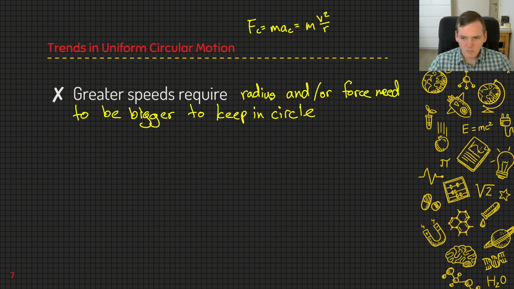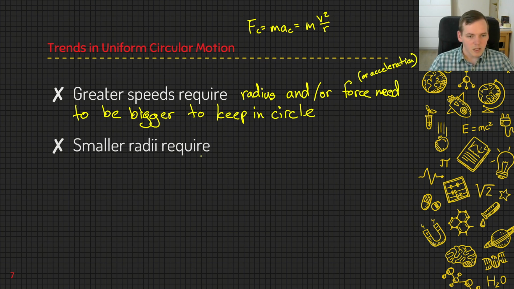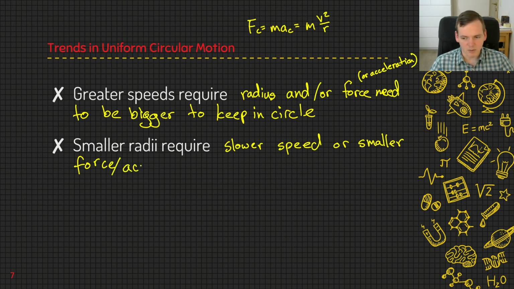And this can be force or acceleration, because in this case they're kind of the same thing, because the force is causing an acceleration. If you want a smaller radius, then you need either slower speed or smaller force/acceleration.